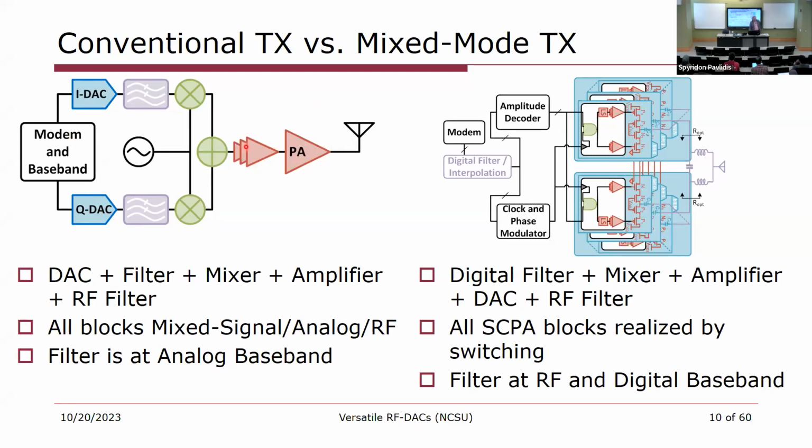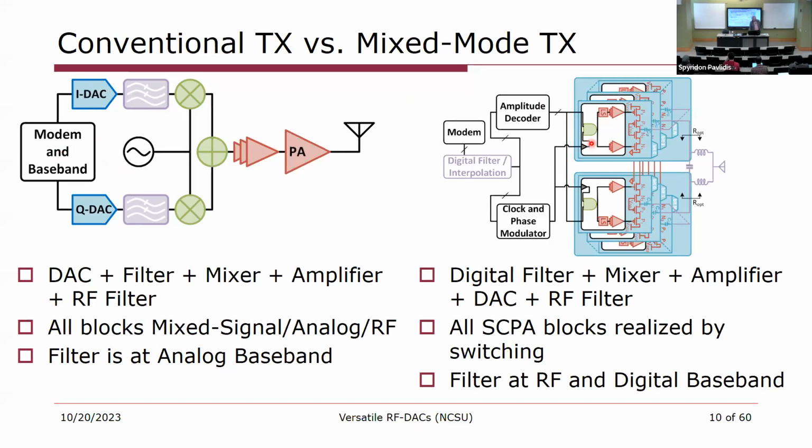All of these blocks in the figure on the left are typically analog in nature. So we're typically using the transistors as transconductors. So all blocks are really mixed signal analog. And one thing to note is our filtering generally is almost all at the analog baseband, although there is some filtering built into the modem as well.